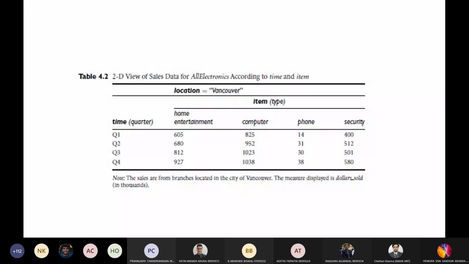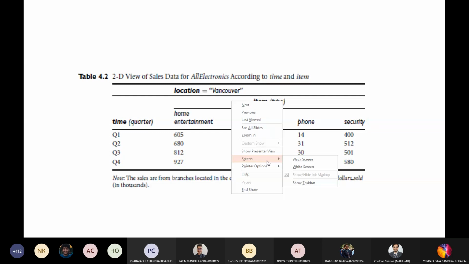And in the city of Vancouver, the location is Vancouver. So this is the 2D view. This data is represented for sales with respect to the time dimension, that is your quarters. Okay.